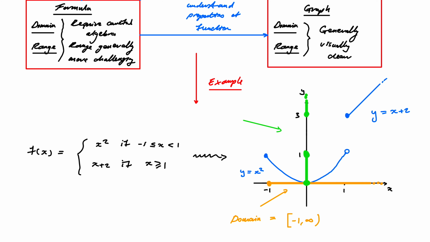The range, which is in green, is a union of 2 intervals. It's 0 to 1 at the bottom. And then from 3 onwards, inclusive of 3.